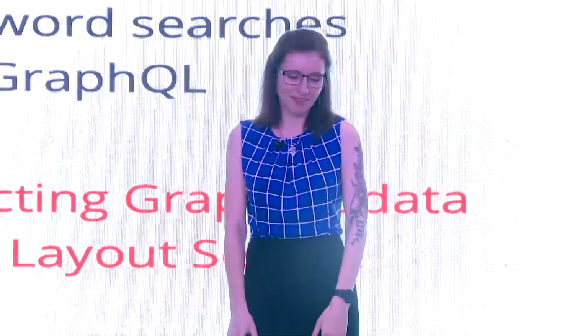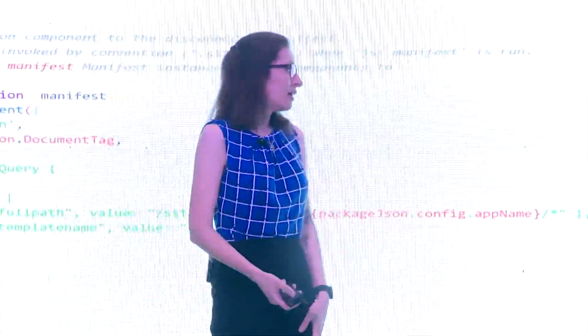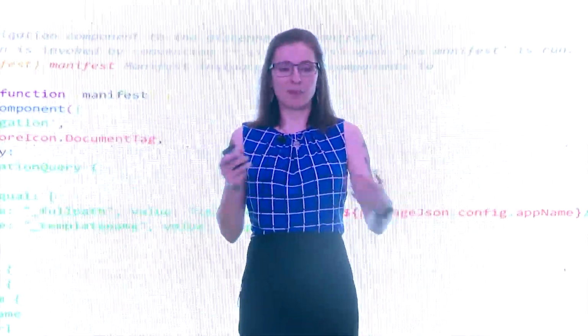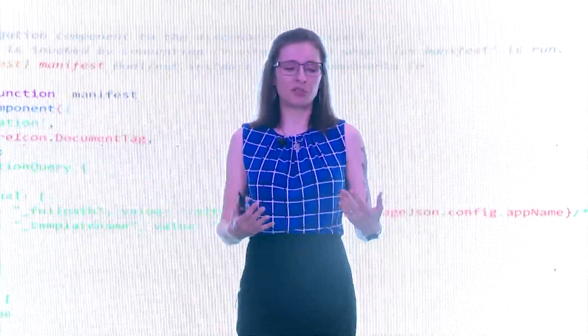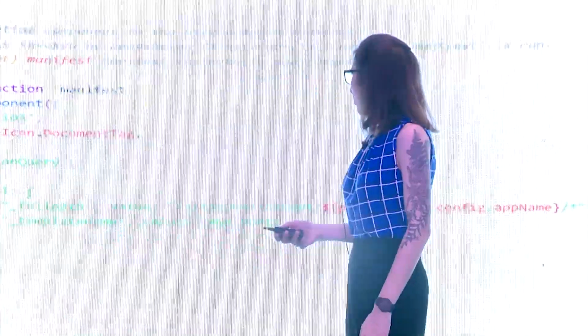So, the other way to work with GraphQL, and this is how I built out my navigation, is, instead of calling it after page load from your components, to run it on the server. This is called integrated GraphQL.